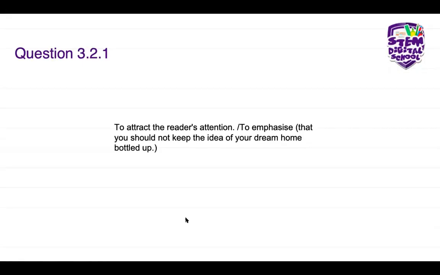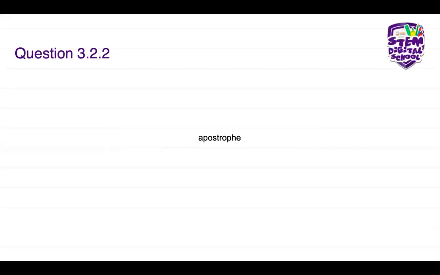3.2.2, identify the punctuation mark used in don't. Another beautiful one. We know what punctuation mark that is. It is an apostrophe. Remember, sometimes we will extensively ask you a question. Do you think that this punctuation mark was used for contraction, or for possession, or for both?